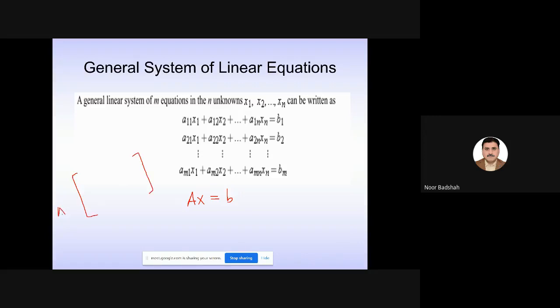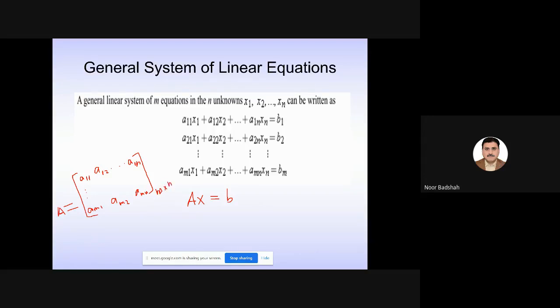So in the coefficient matrix, it might be A11, A12, and so on, up to A1n. Whereas this goes up to Am1, Am2, up to Amn. So this is a matrix of order m cross n, which means there are m rows and n columns.